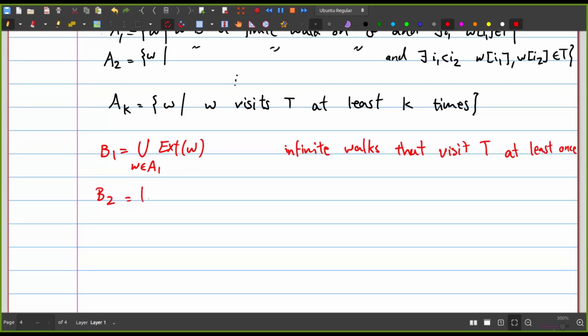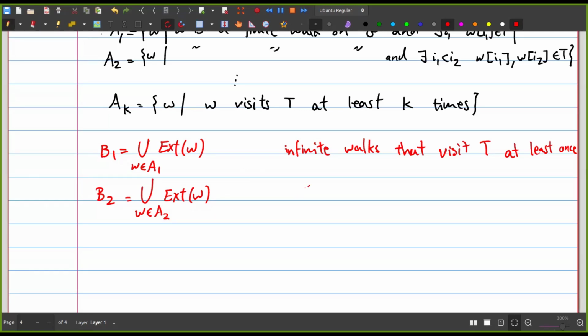So I can say B2 is the union of all the W's that are in A2 of the extensions of W. Basically, the idea here is that W itself is seeing my target set twice, so of course every extension of it is seeing the target set at least twice as well. On the other hand, if I have an infinite walk that is seeing my target set twice, I can cut it after the second visit, and that's going to give me a finite prefix that visits my target set twice.